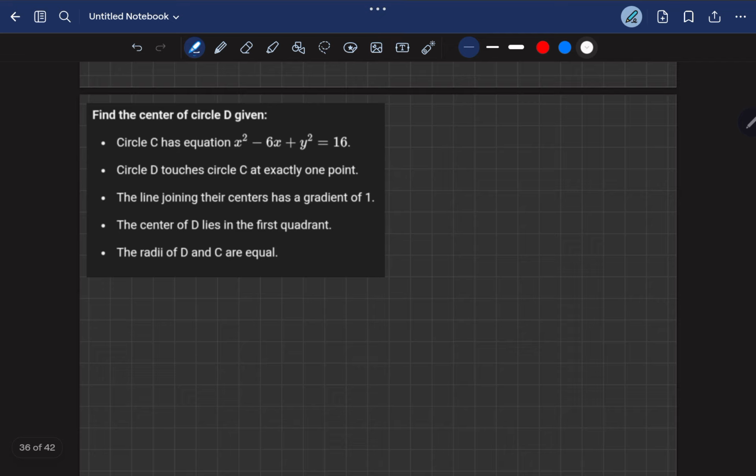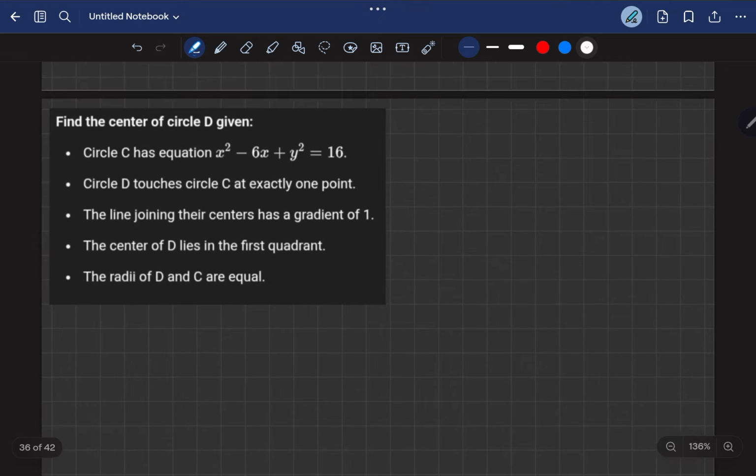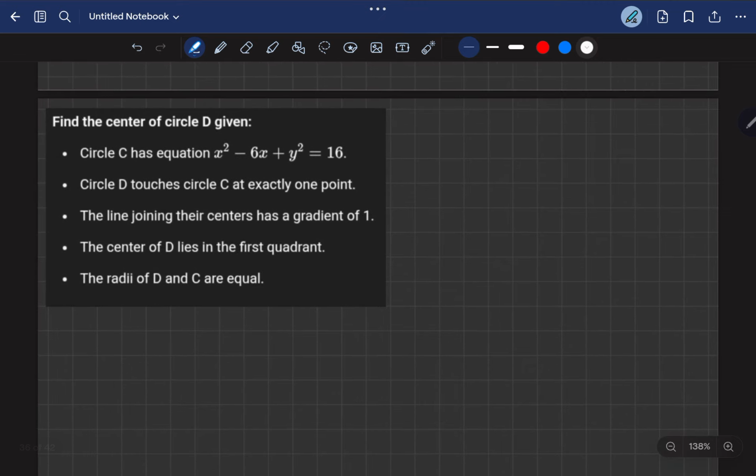Okay, let's first convert the equation of circle C into the normal form. So we're going to complete the square for the x squared minus 6x part. So I've got (x minus 3) squared. This gets us x squared minus 6x plus 9. Subtract the 9, plus y squared is equal to 16.